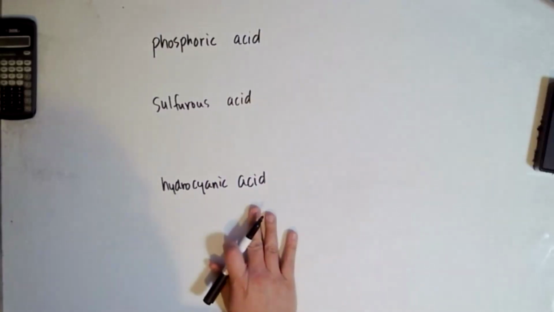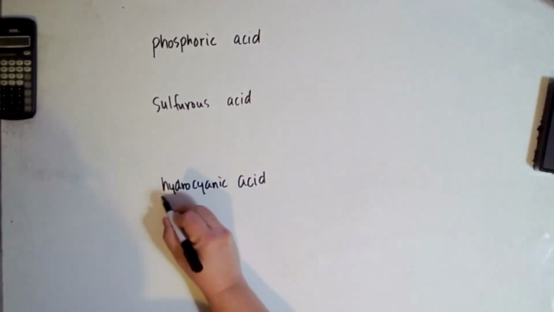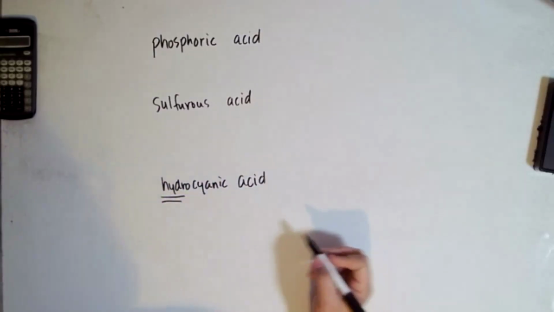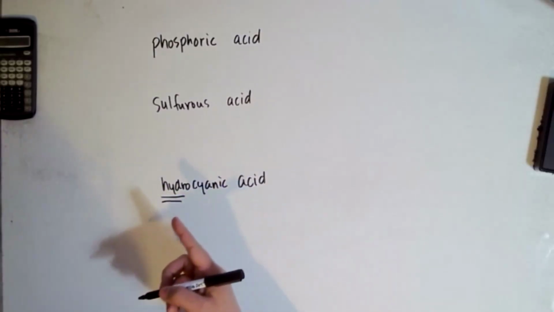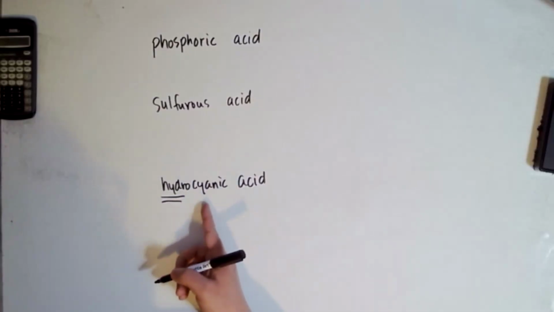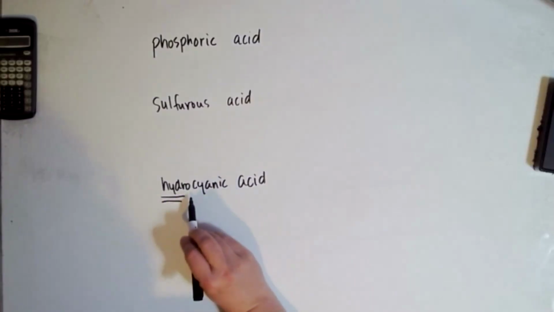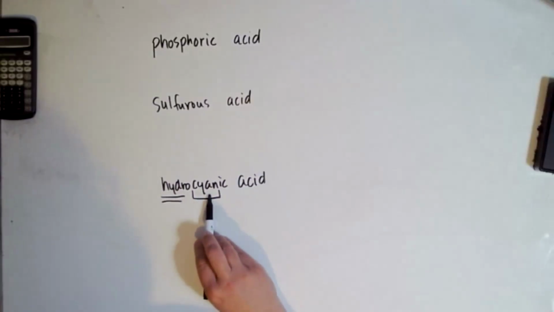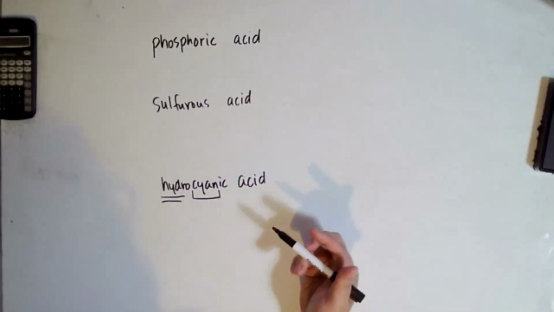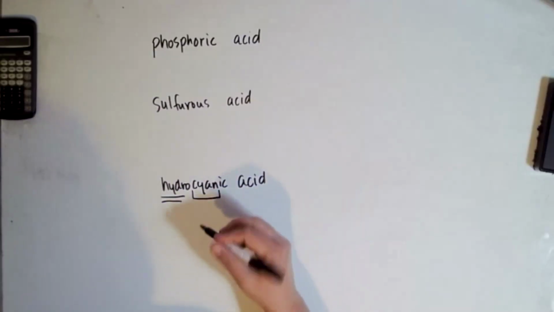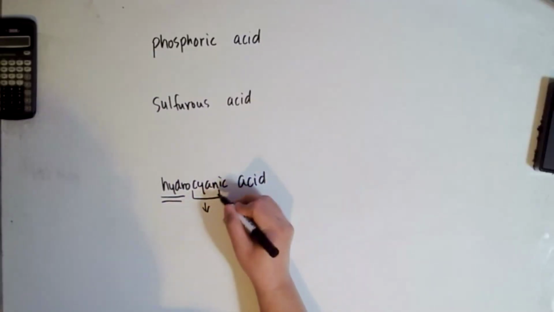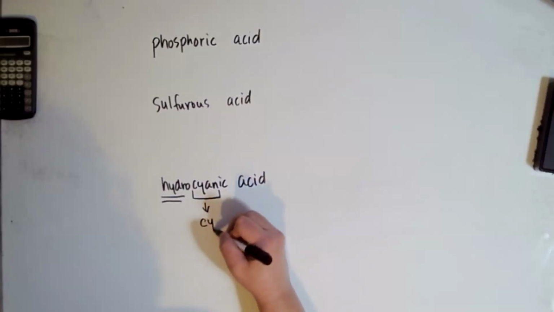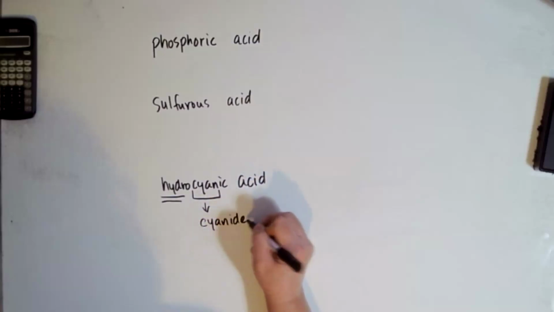Start out with the hydrocyanic acid. It's going to be my only acid that starts with hydro, so I know that this is not going to contain oxygen. This is a binary acid. So I have to look here and say what anion has the base name cyan. If I remember from my polyatomic ion table, cyan is the base name for the cyanide ion.